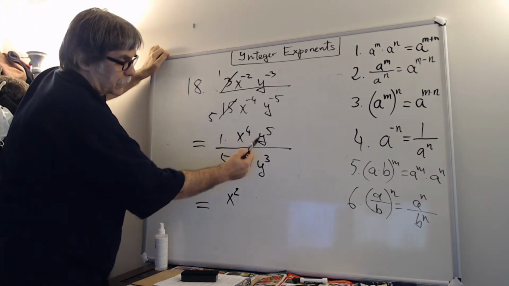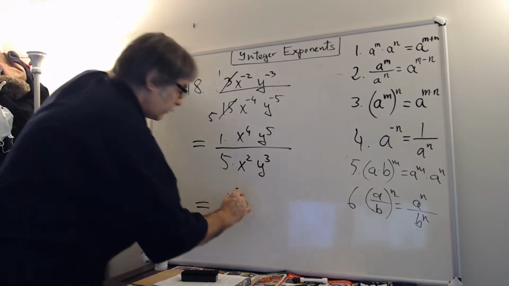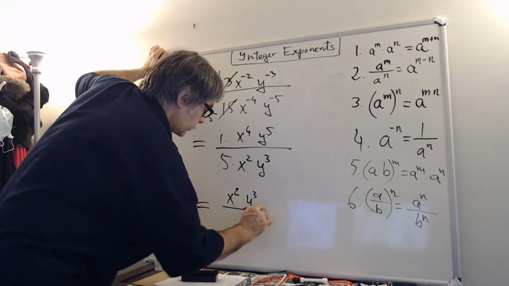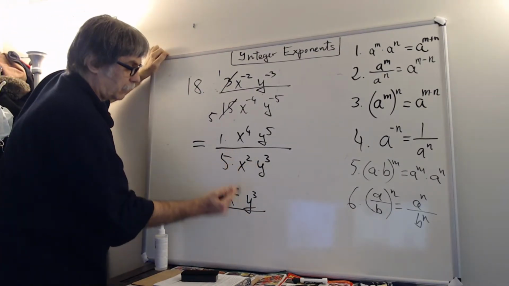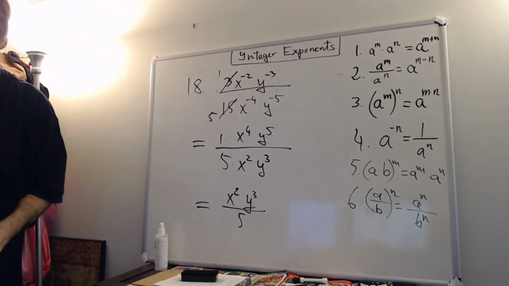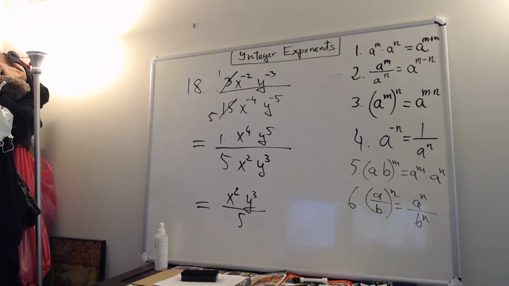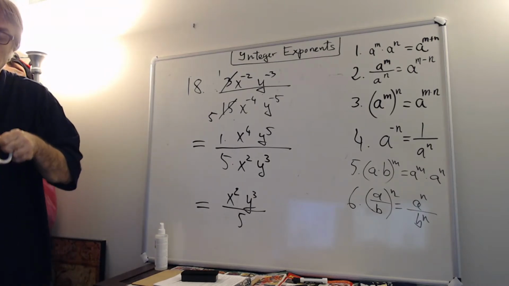I have 5 y's here, I have 3 y's here, all factors. Cancel 3 and 3, and I have y to the power of cube left. And downstairs I cancel this, and I have only 5 left. Done. That's one way of doing it. So I was flipping and then canceling. Because I like to do cancellation, I know how to do reduction well, so I don't need to use power rules.